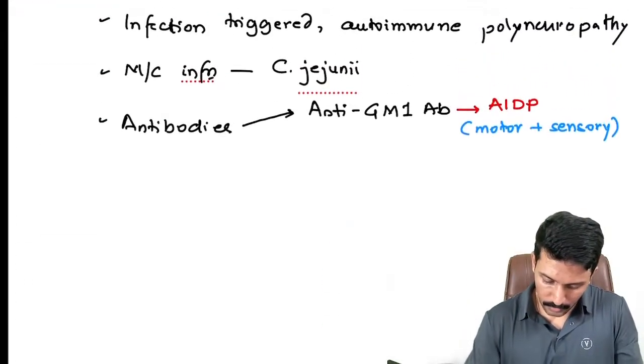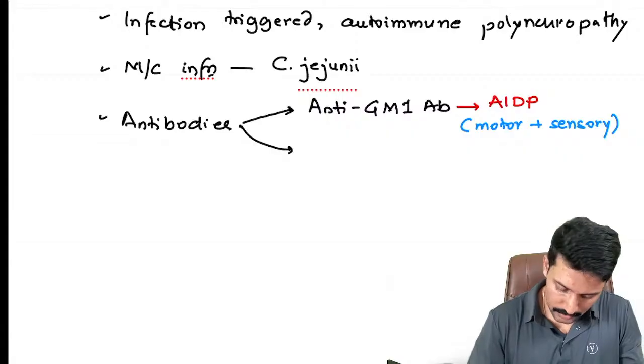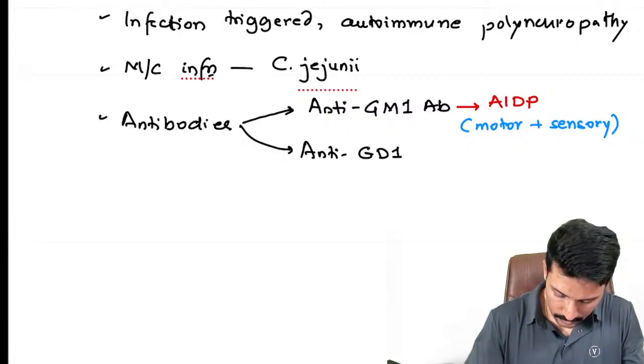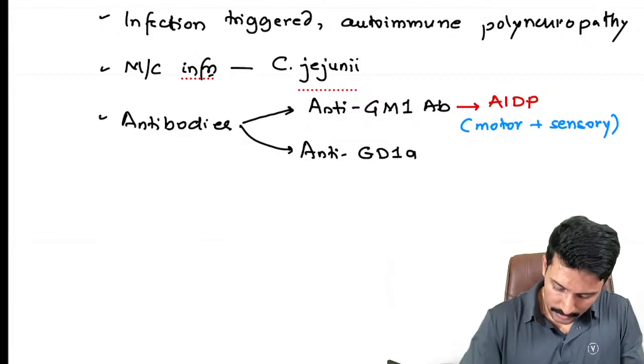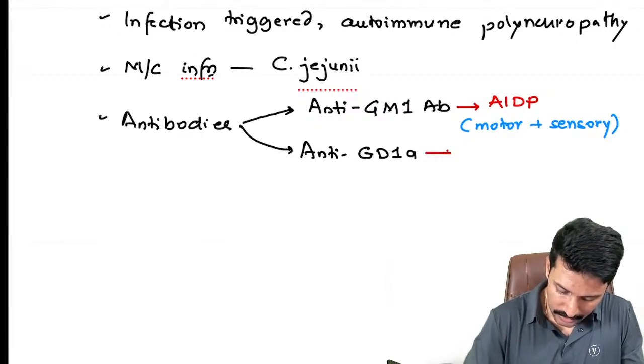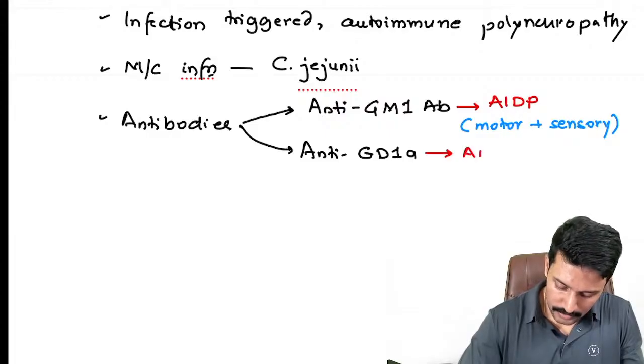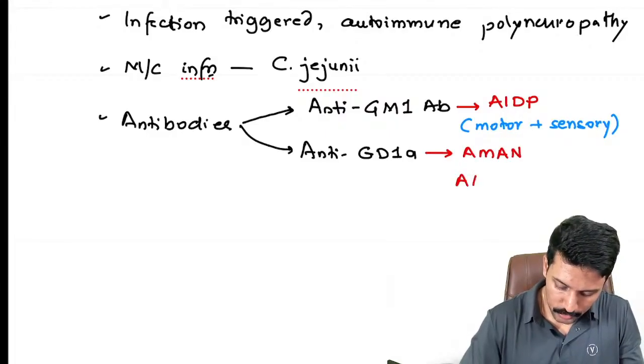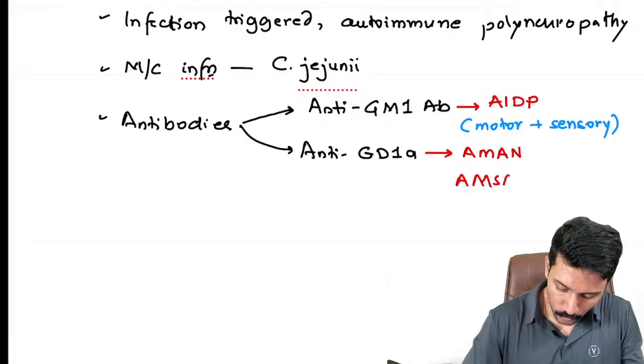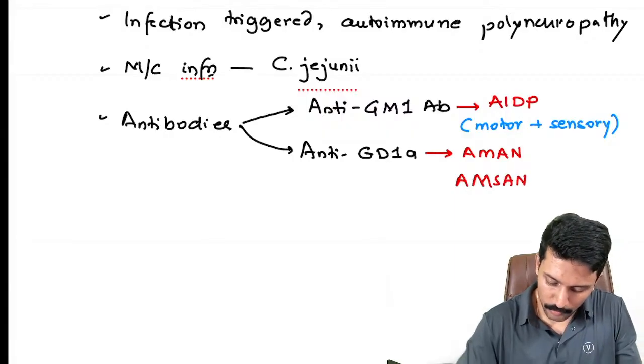And then you have another antibody called anti-GD1A antibodies. These antibodies have their target antigen on the axon, so it causes axonal injury. That is AMAN, acute motor axonal neuropathy, or AMSAN, acute motor and sensory axonal neuropathy.